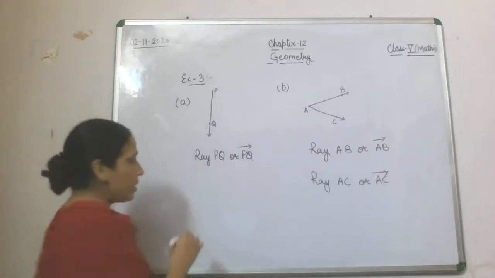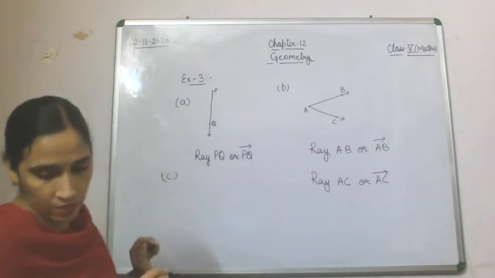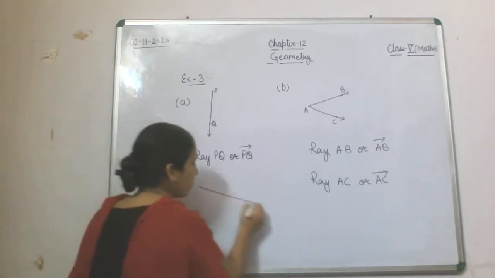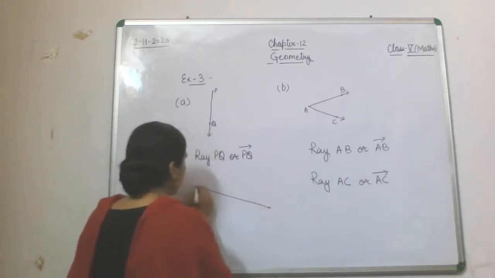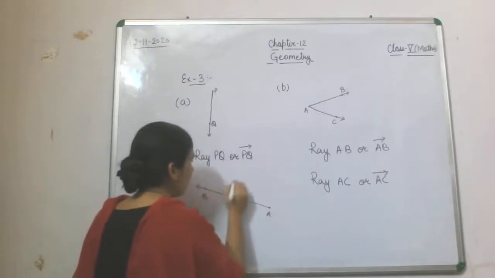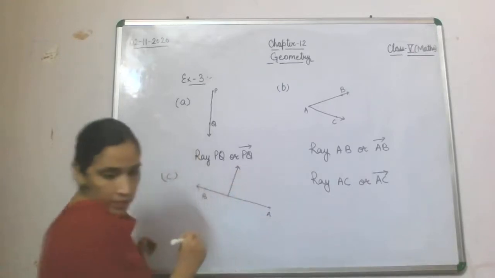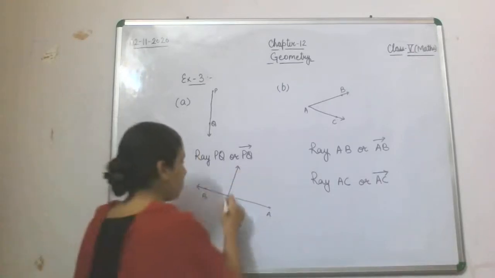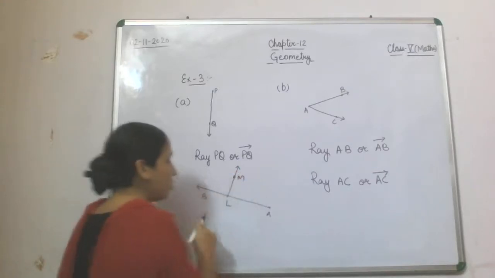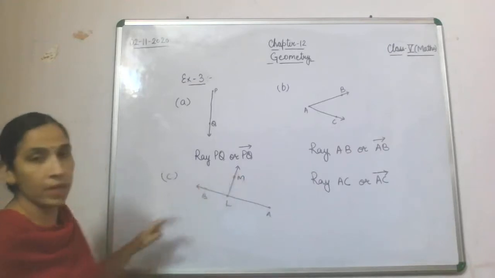Now we'll see C part. In the C part you have been given A, B, and then L and M. So here you have been given two rays, AB and LM.